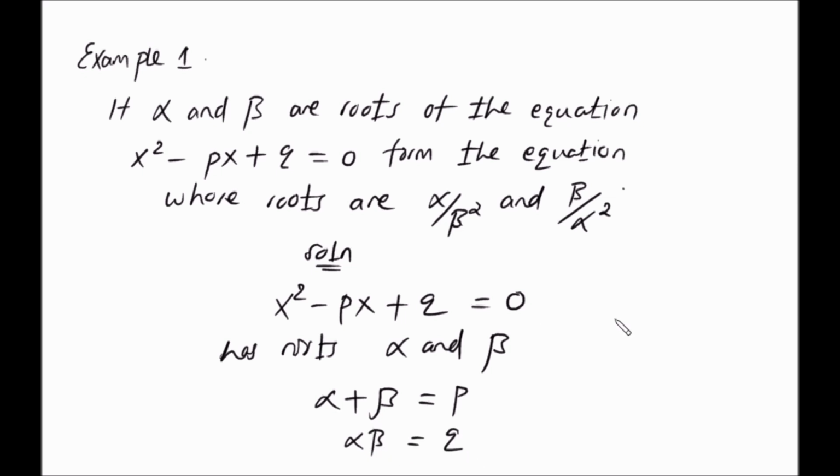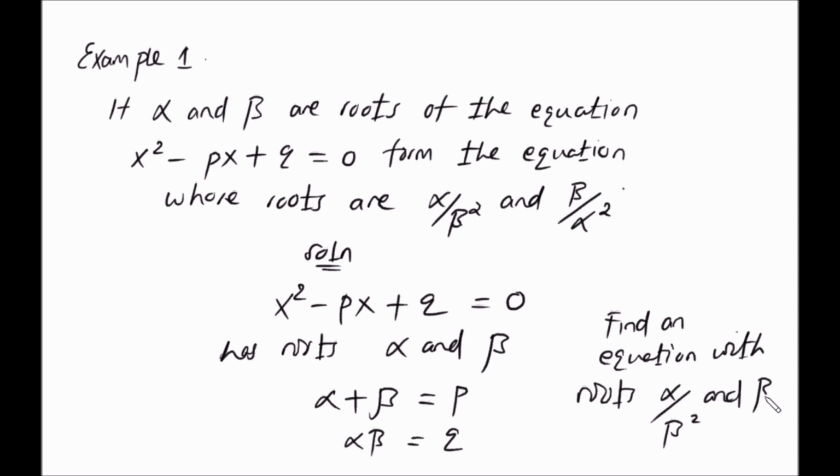So it says now find an equation with roots alpha over beta squared and beta over alpha squared. So we use this information to find the equation with these roots. The thing to remember is this: alpha plus beta is equal to p, alpha times beta is equal to q.